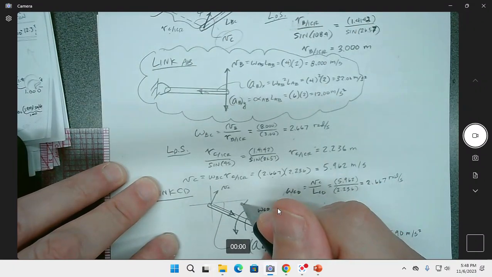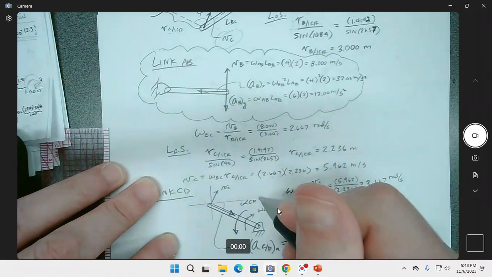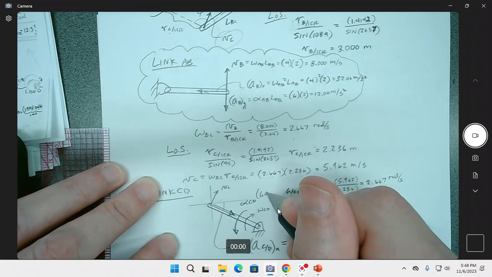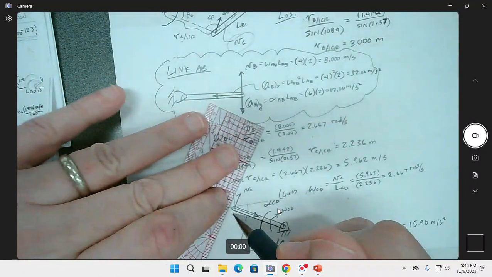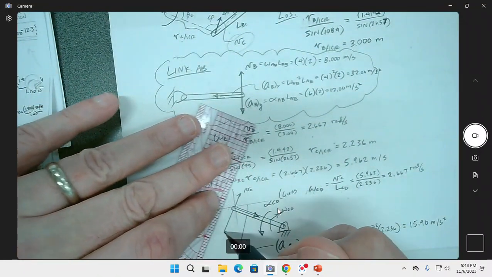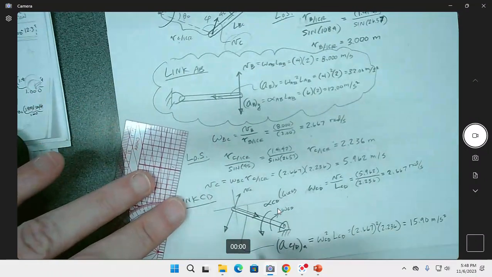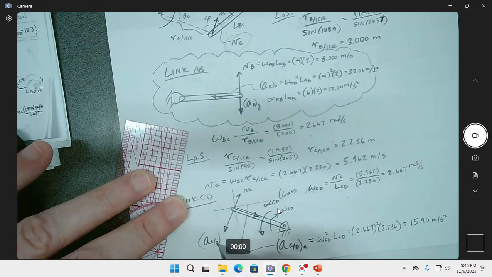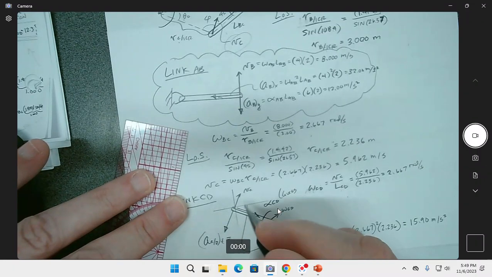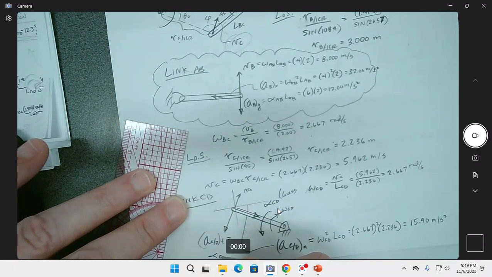I will guess that alpha CD is going in that direction, and therefore the assumed direction of AC with respect to D tangential is down and to the left. It's going to be alpha CD times LCD.